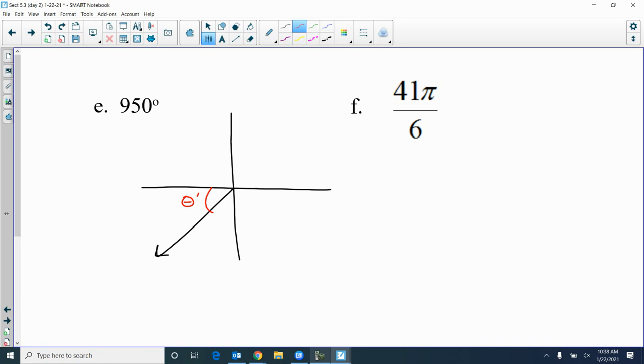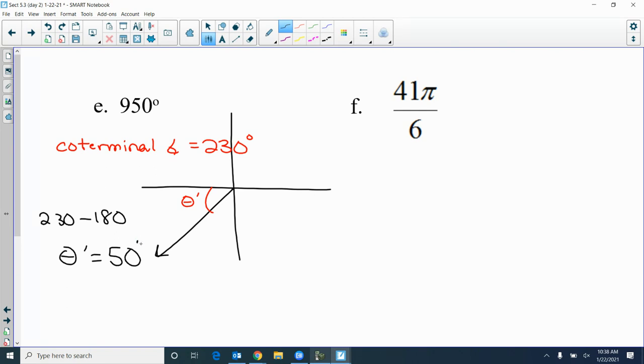So the coterminal angle equals 230 degrees, and I'm going to take 230 minus 180. So my reference angle is 50 degrees. Okay, 50 degrees. Okay, F.